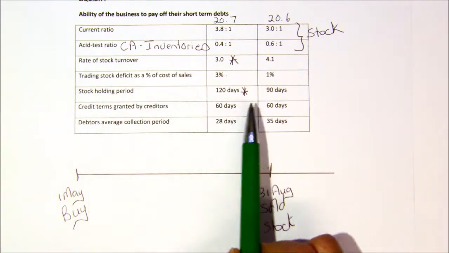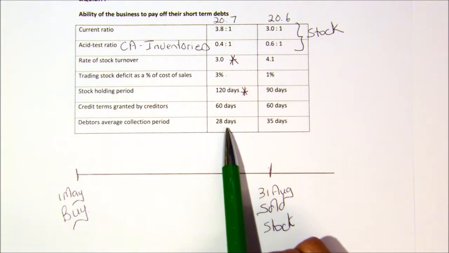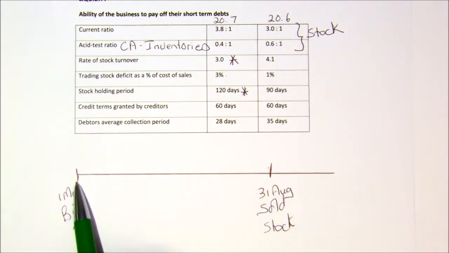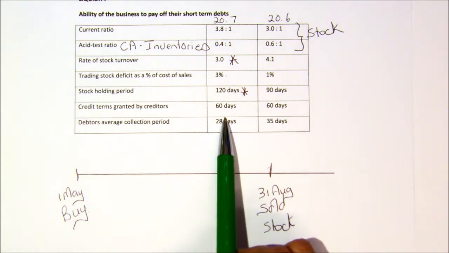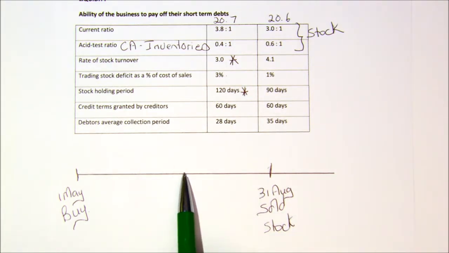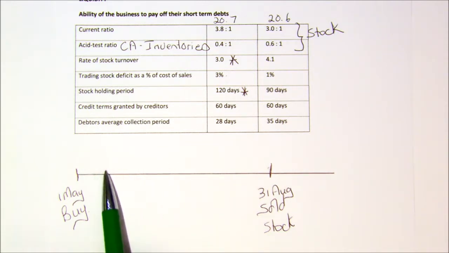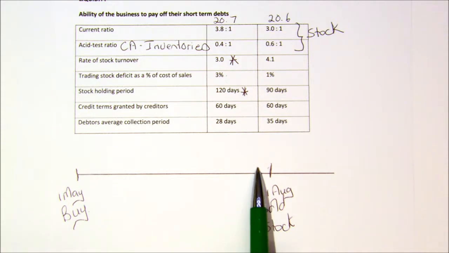As we're selling, we obviously do collect money from our debtors. The goods I sell on the 1st of May, they will pay roughly 28 days later. The goods that I sell on the 15th, roughly 28 days, and so on. So over this period of time, you are collecting money from your debtors.